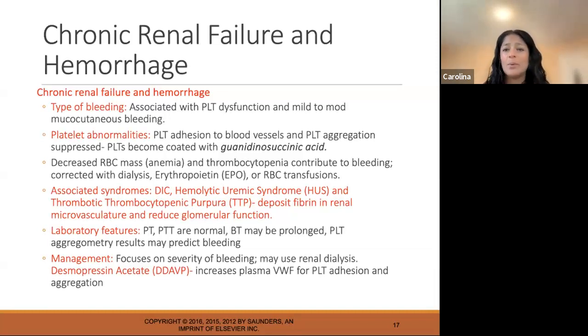EPO is erythropoietin, which is the hormone that is made in the kidneys, but it acts in the bone marrow to make more blood cells. Okay, it acts to make more red cells. So some syndromes that have been associated with this are DIC and hemolytic uremic syndrome, HUS.